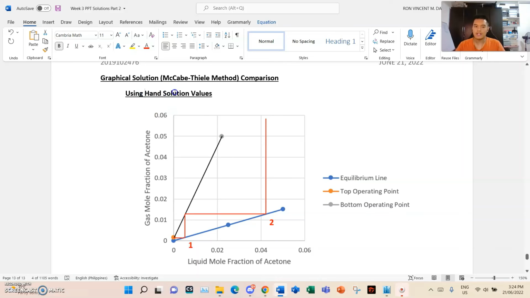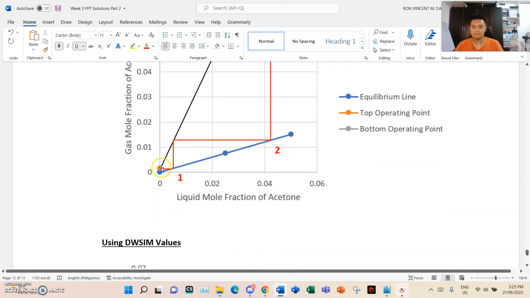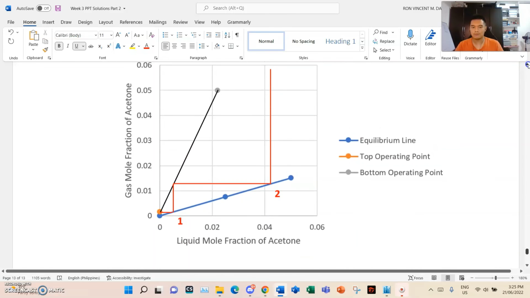Using my hand solution operating points, for the graphical method you start at the top portion of the operating line, then project it horizontally to the equilibrium line. As it hits the equilibrium line, project it vertically until it hits the operating line. Keep doing it until this cascading stair line overpasses the operating line.